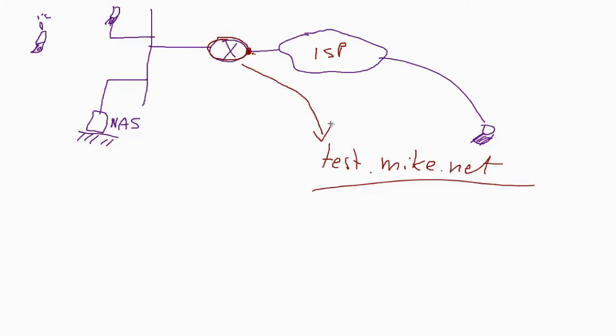If it has, then it will say, oh, by the way, test.mic.net is not 1.1.1.1, it is 2.7.5.8. So it all depends where you go, and how your DNS provider implemented that feature.